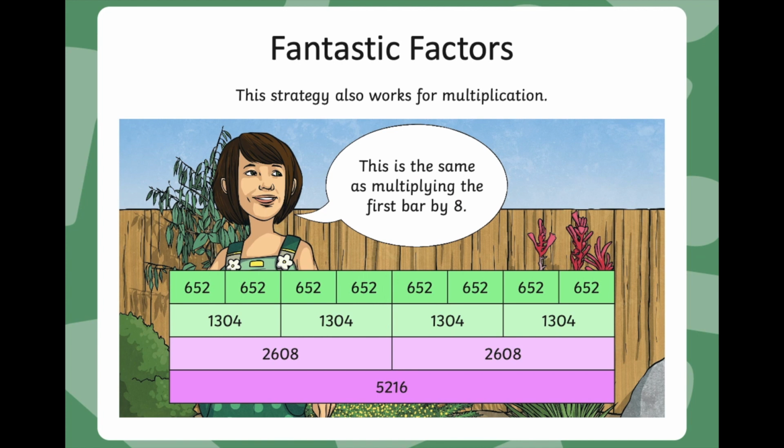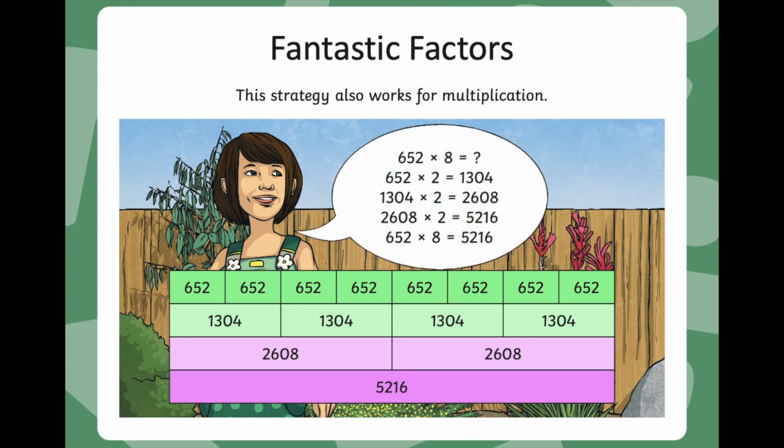This is the same as multiplying the first bar by 8. So 652 times 2 is 1,304, 1,304 times 2 is 2,608, 2,608 times 2 equals 5,216, therefore 652 times 8 equals 5,216.